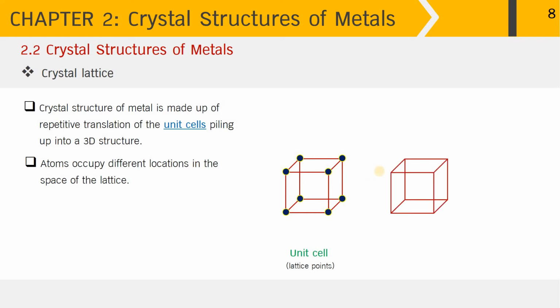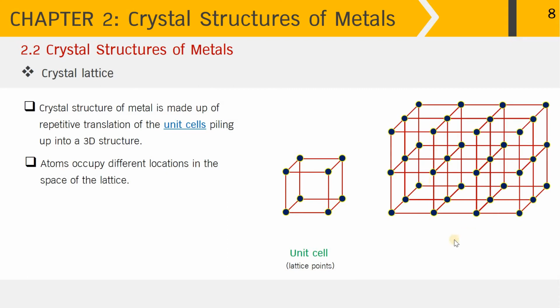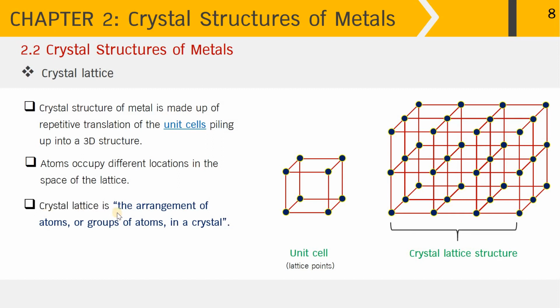Imagine these unit cells piling up in a 3D structure, like playing with building blocks or Legos when you were young. So we have the crystal lattice structure like this. Therefore, the crystal lattice is the arrangement of atoms or groups of atoms in a crystal.